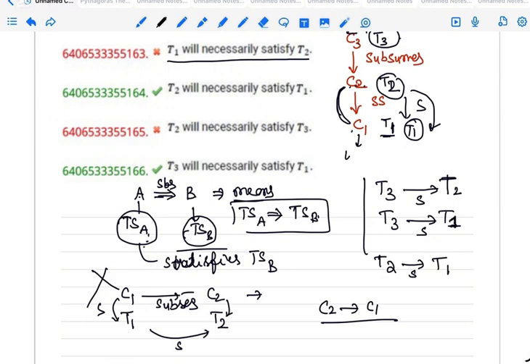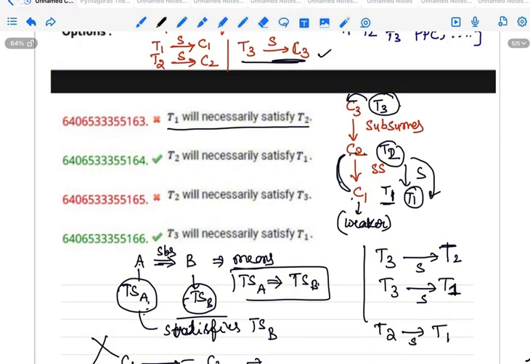C1 is weaker and C3 is stronger, because C3 subsumes C2 and C1 also. Because of this, the first option, T1 will necessarily satisfy T2, is wrong.